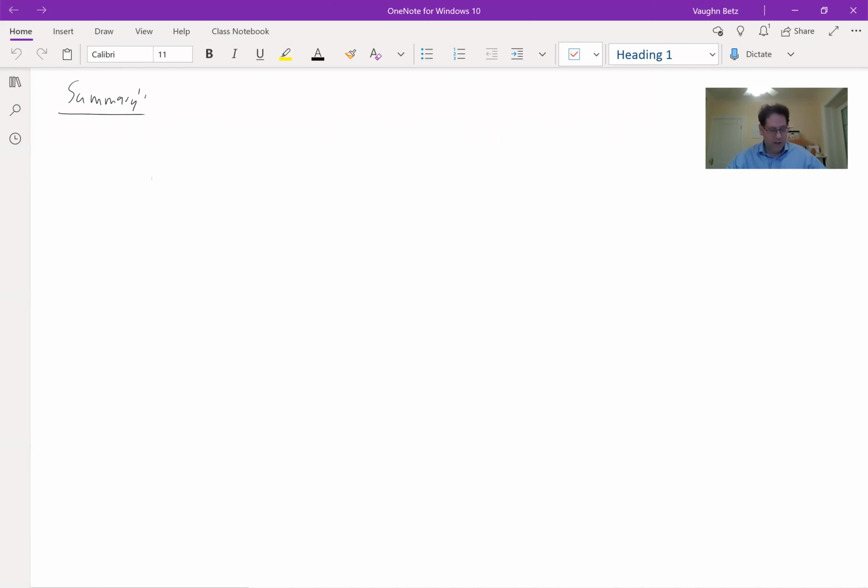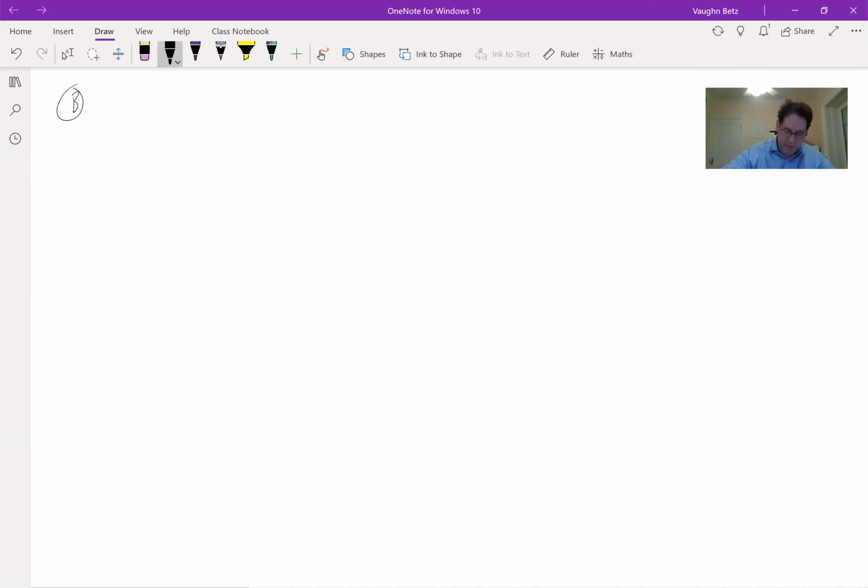The other style of FPGA that people look at is the island style FPGA. I drew you a little picture of this last time; I'll just draw it quickly again.